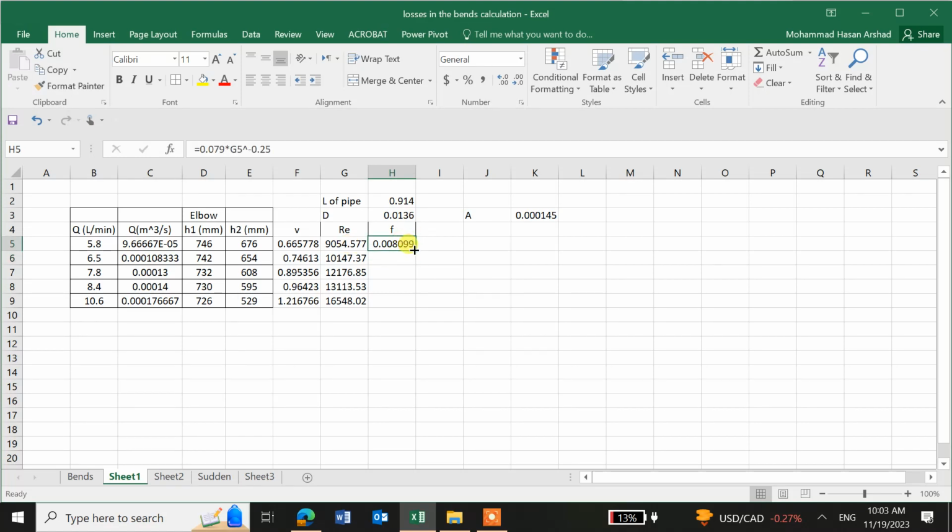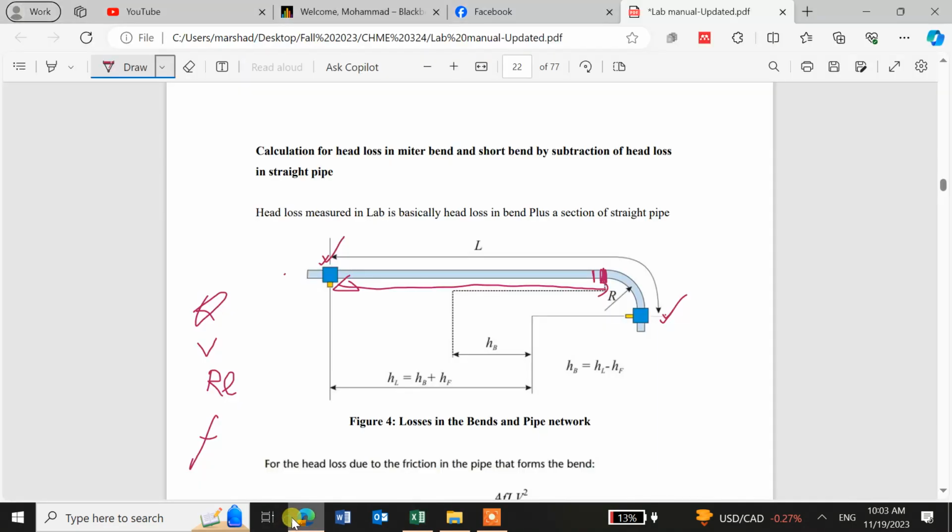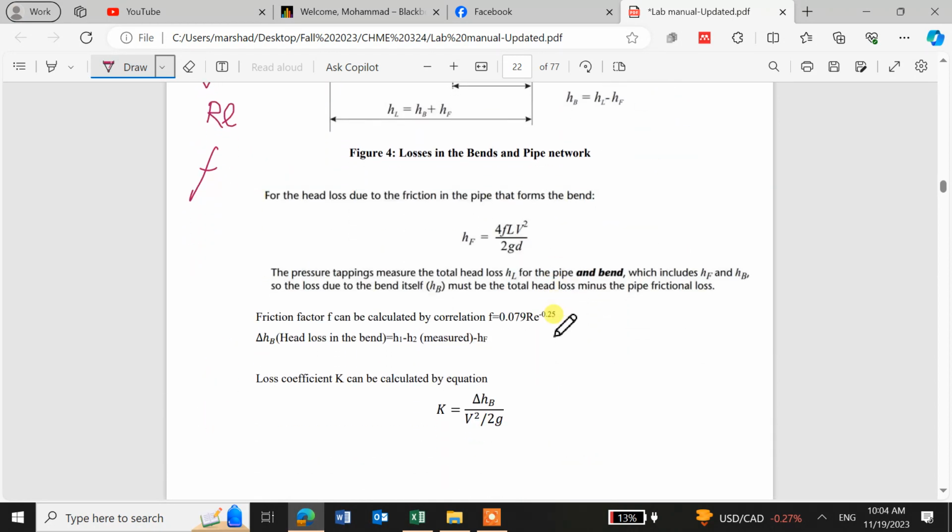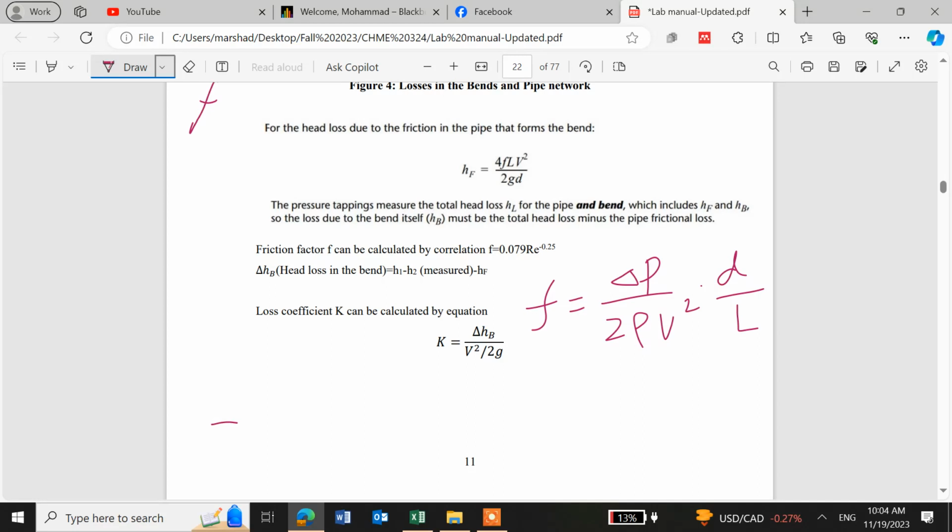Now we know friction factor F is delta P over 2 rho V square, times D over L, right? So from friction factor, we need delta P. So delta P will be F times 2 rho V square L over D.